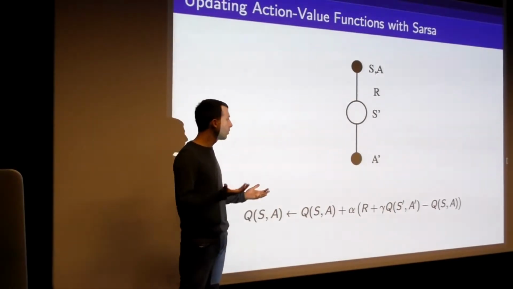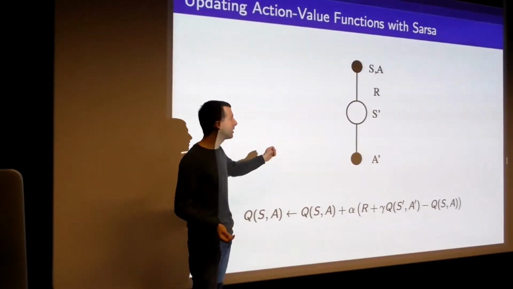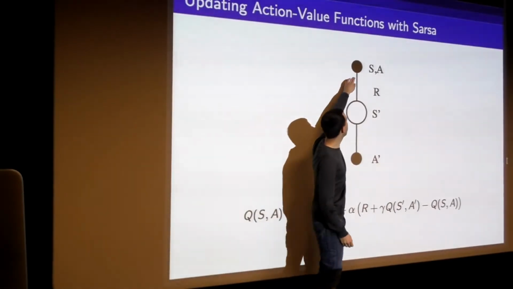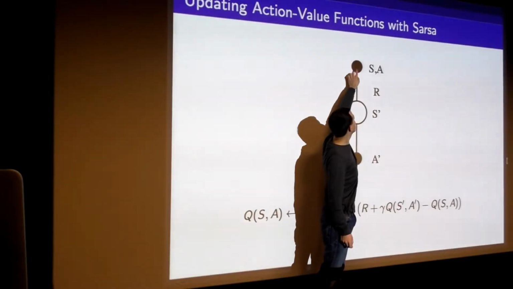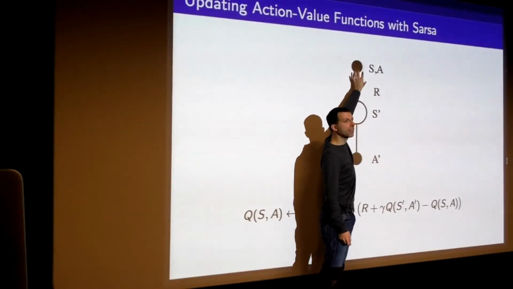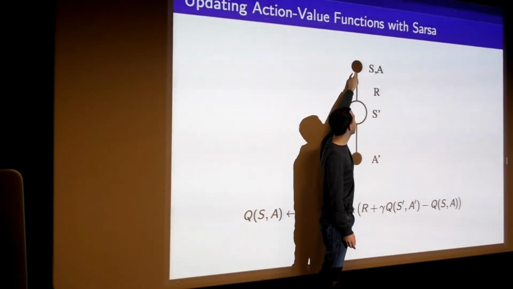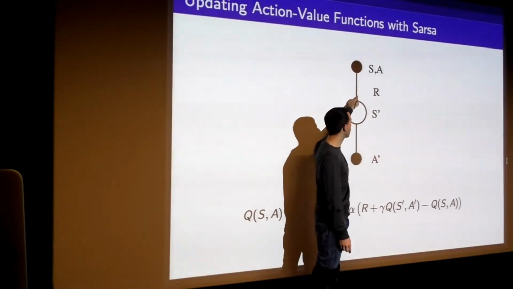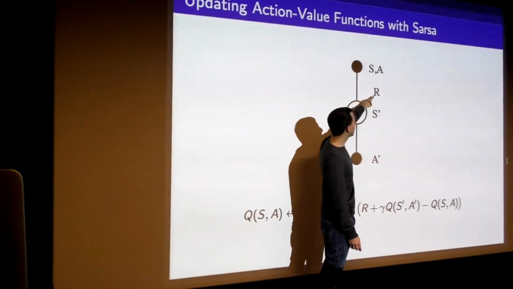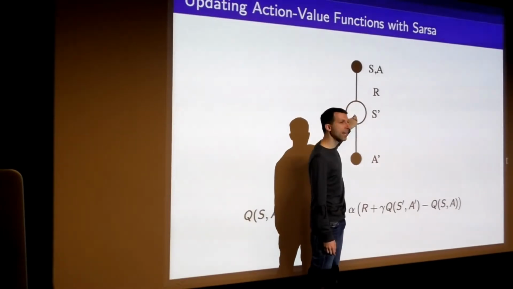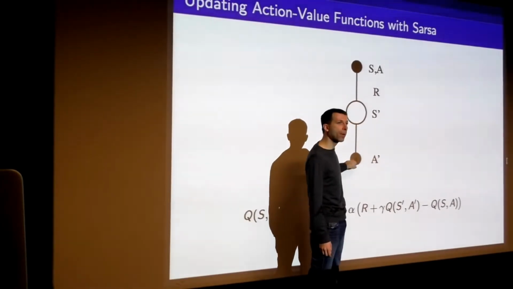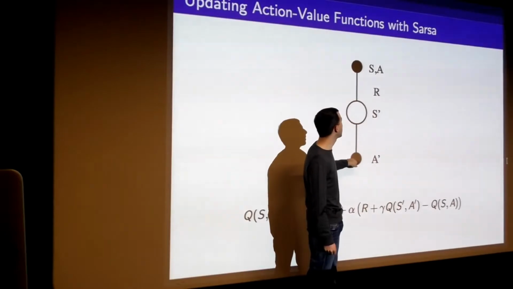So why is it called SARSA? Well, this diagram should illustrate it. We're starting off in some state action pair. That's this black dot, a decision node. We're choosing an action, and we're going to see a reward R. We're going to end up in some new state S prime, and we're going to sample our policy again to generate A prime.